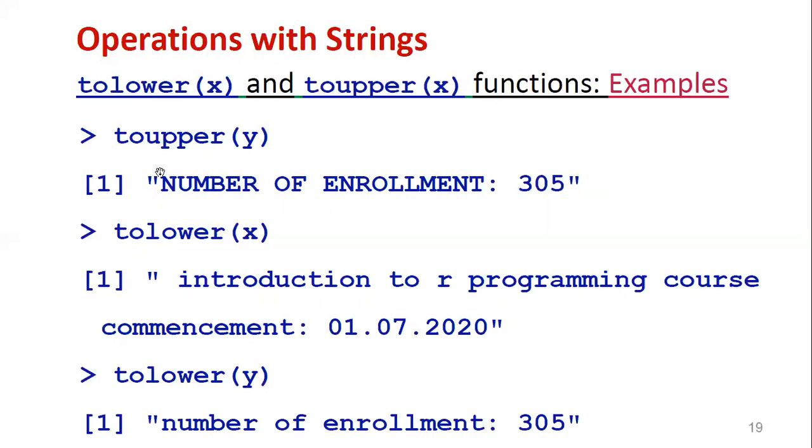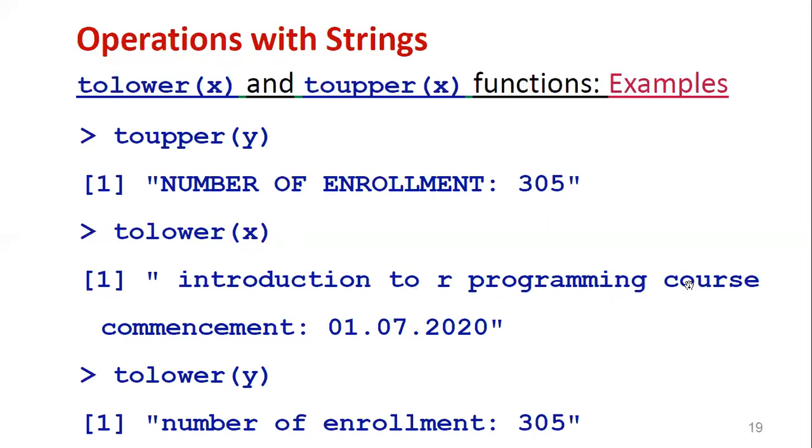Similarly, if you use the y vector also, toupper of y, all will be converted into uppercase. Then similarly the opposite, uppercase to lowercase. In the given sentence, wherever there are uppercase letters, those are converted into lowercase.